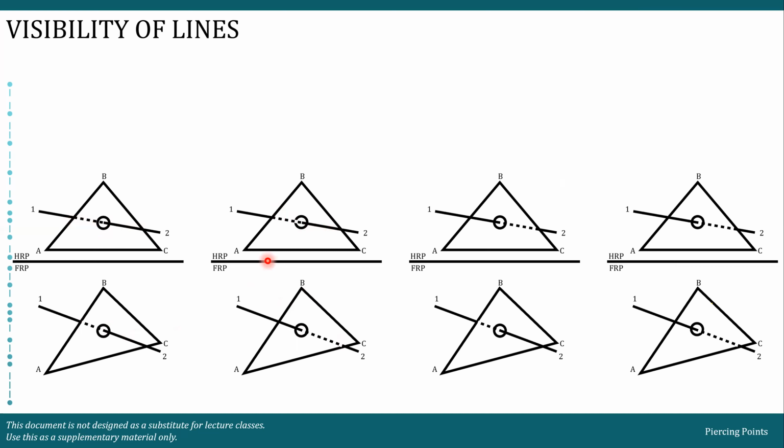Anong gusto kong iparating dito sa inyo? Ibig sabihin, kapag nag-hidden yung kaliwang side, tapos solid to, yung kanyang other view, pwedeng ganun din, hidden, solid, pero there is also a possibility na solid, hidden siya.